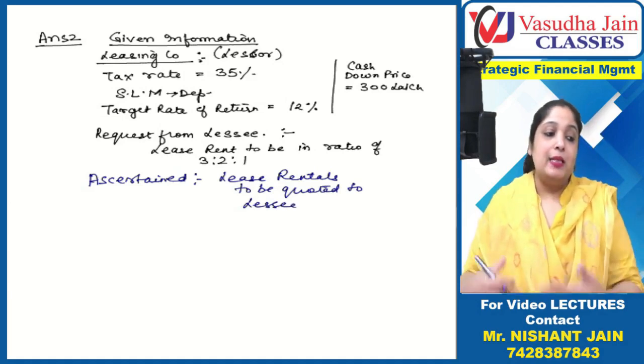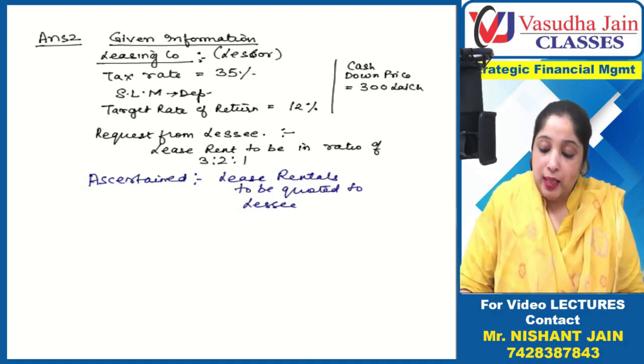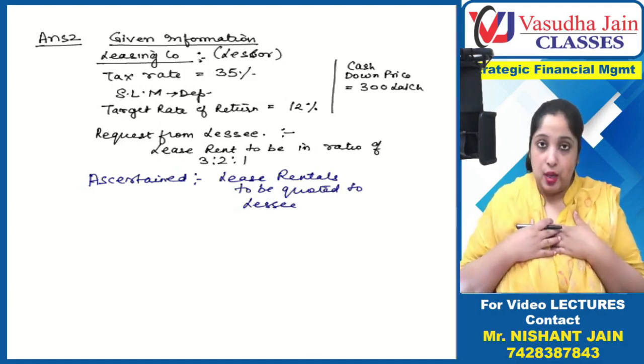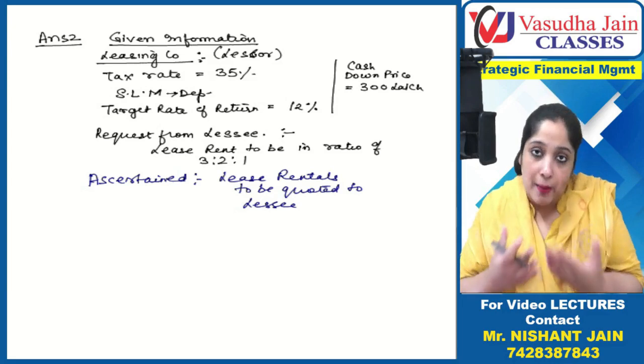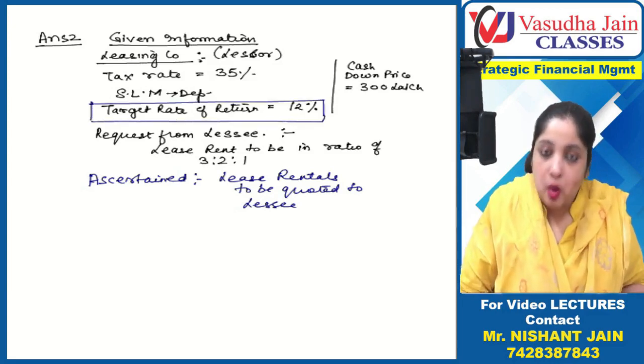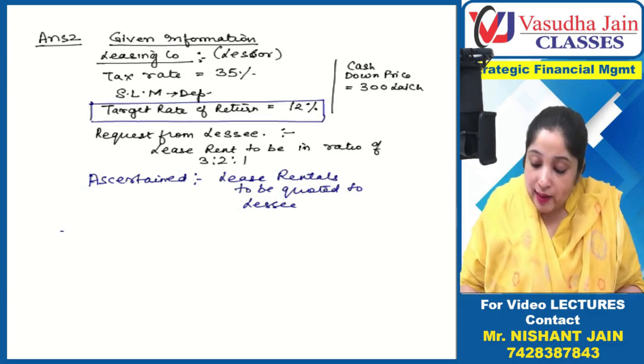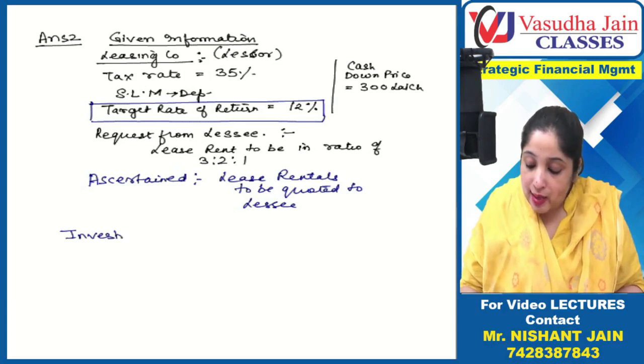How much lease rentals should be quoted? Now the solution: what is our target? Who are we? We are the lessor, Fair Finance leasing company. Our target is to earn 12% return on our investment. Now in this lease agreement, what is our investment?